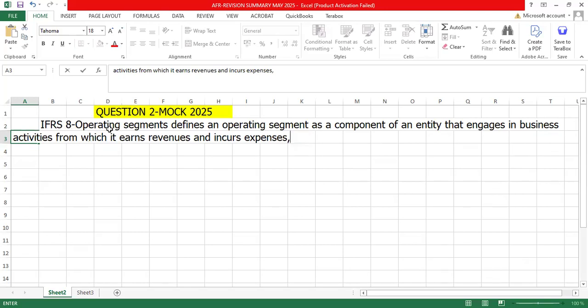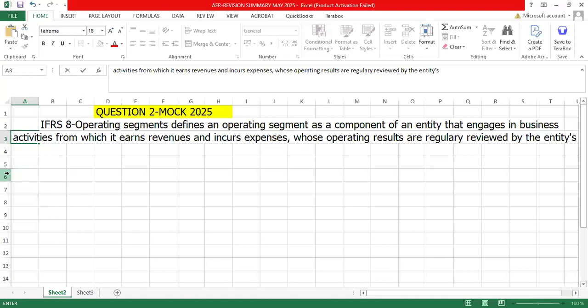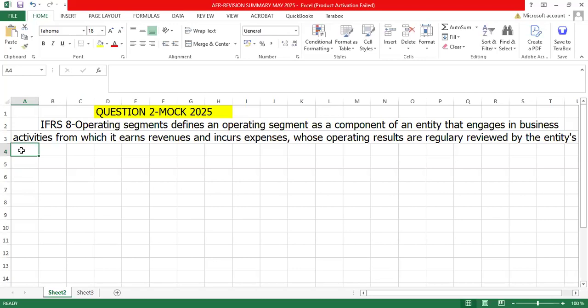Then number 2, whose operating results are regularly reviewed by the entity's chief operating decision maker to make decisions about resources to be allocated to the segment.